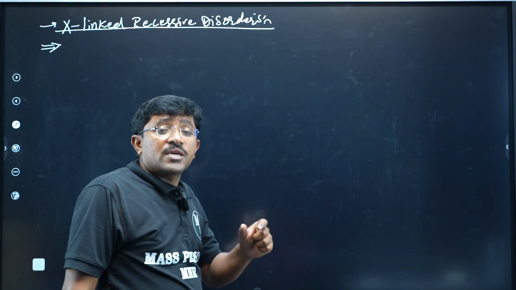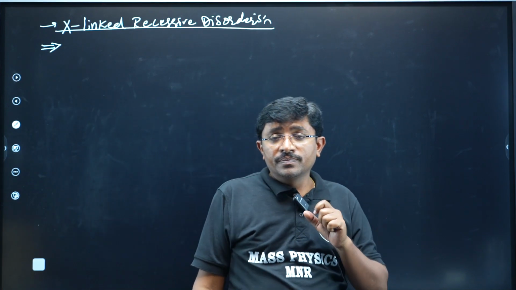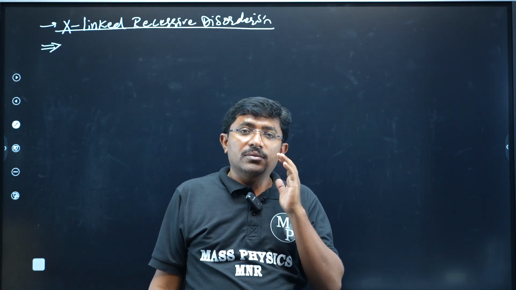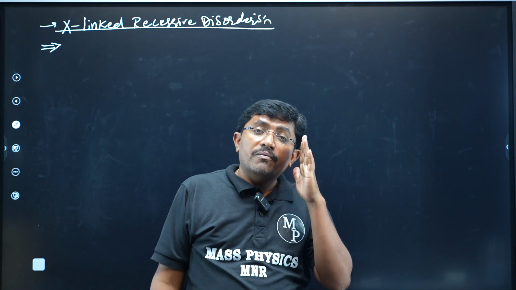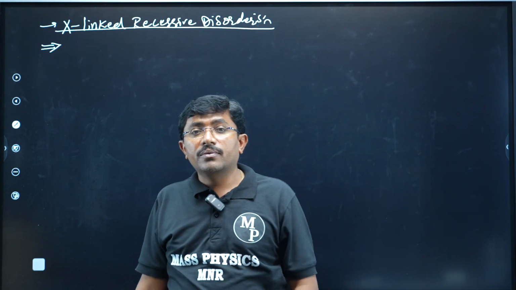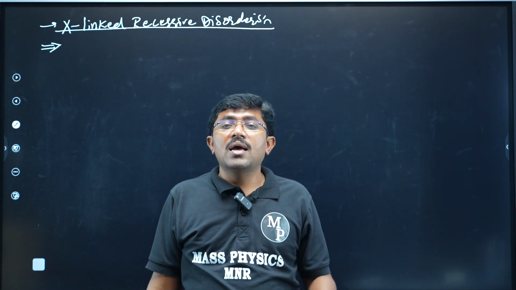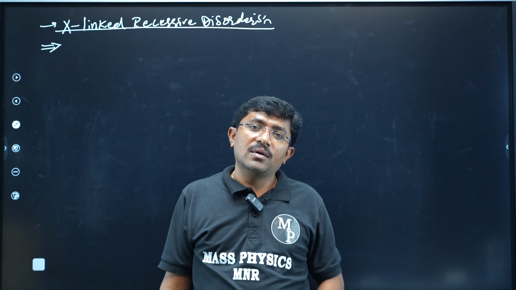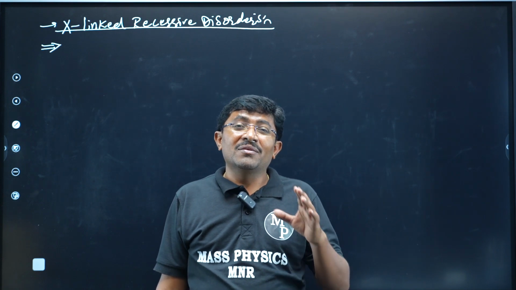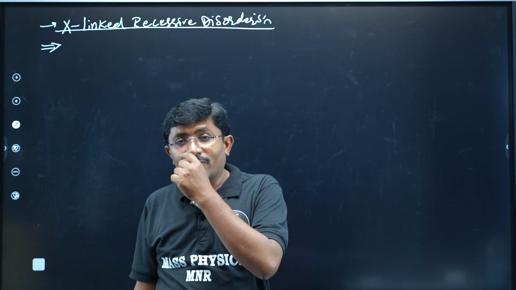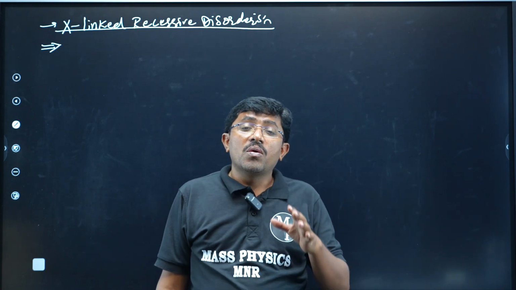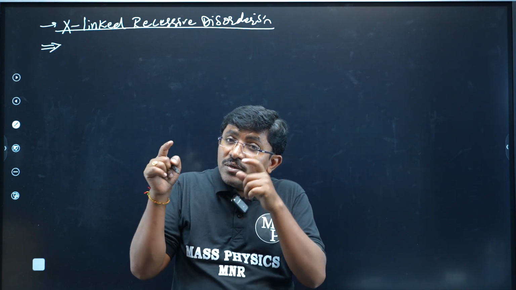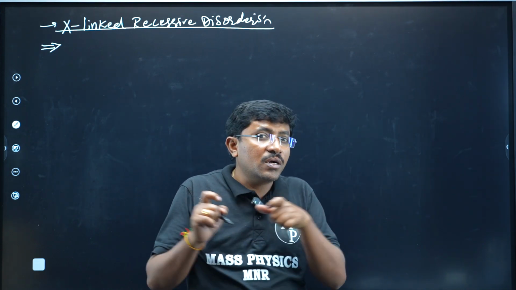What trait is present on the X chromosome should transfer from mother to sons as well as mother to daughters. But in the father, there is one X chromosome and one Y chromosome. What genes are present on the father's X chromosome, the trait is only transferred to his daughters, not to the sons.